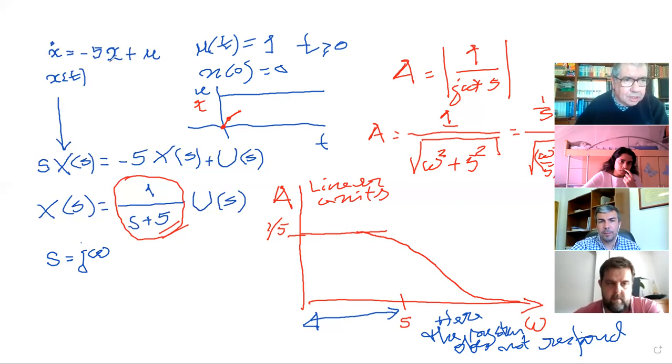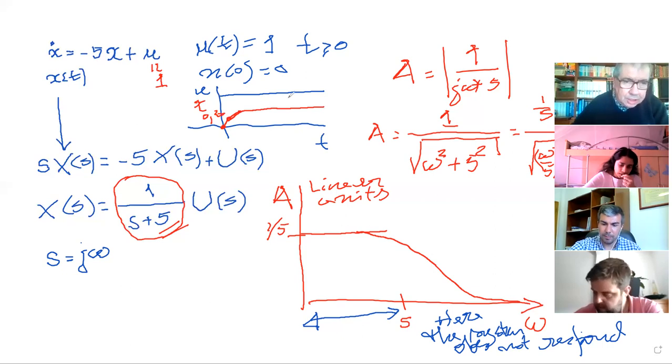In steady state, what is the value of x? Suppose that this is 1. In steady state, what is the value of x? 1 divided by 5. So 0.2, good. So it will go something like this, okay?